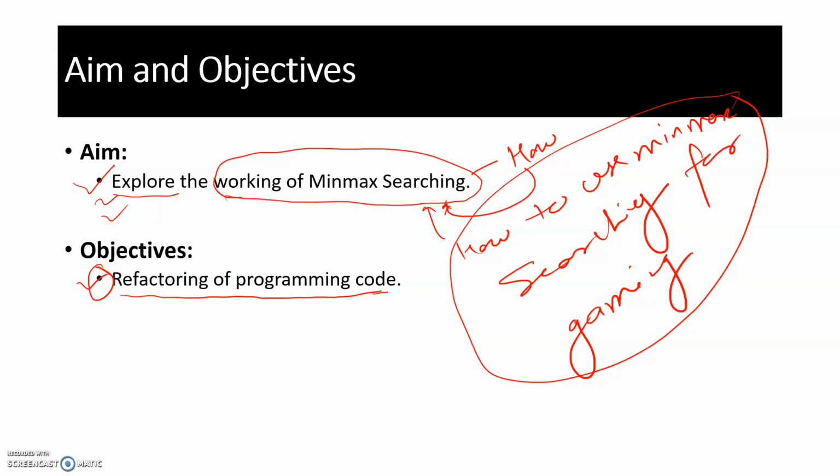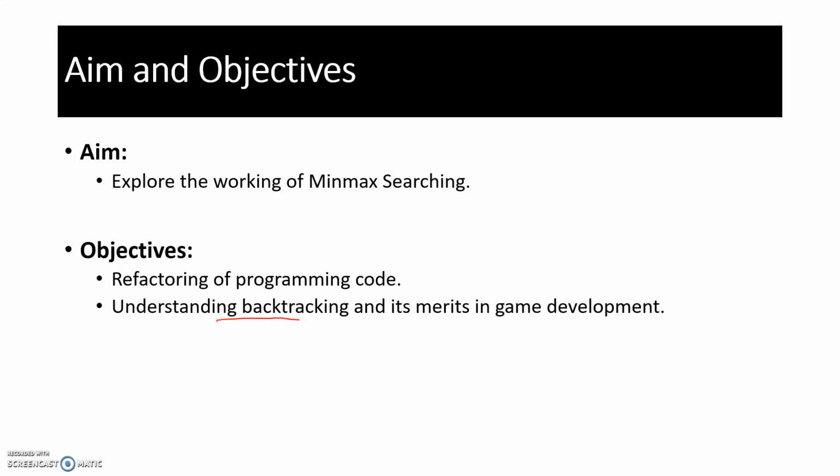Then the second objective is understanding backtracking. Backtracking is the process which we utilize in finding the optimal solution during the game development. We'll discuss what is backtracking with the help of one example in the next part of the video lecture of week 7, and then I will elaborate the advantage, that is merit of backtracking in game development.